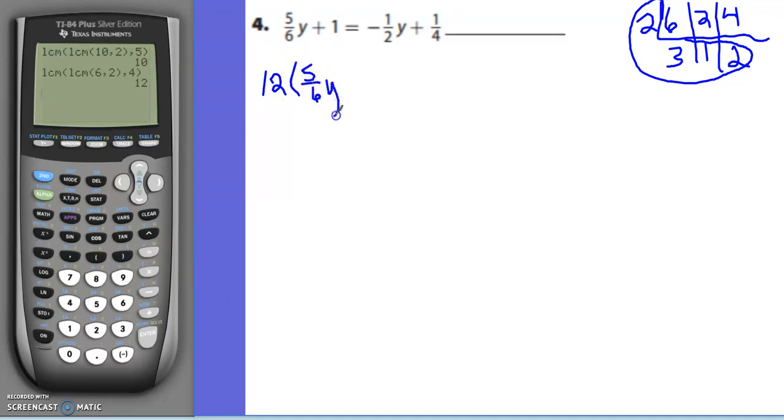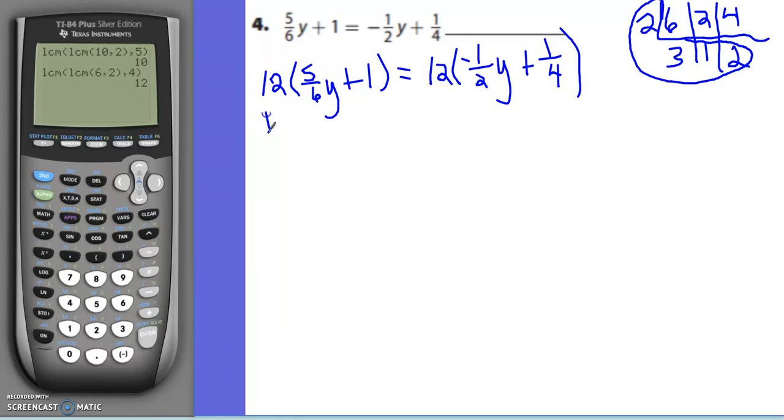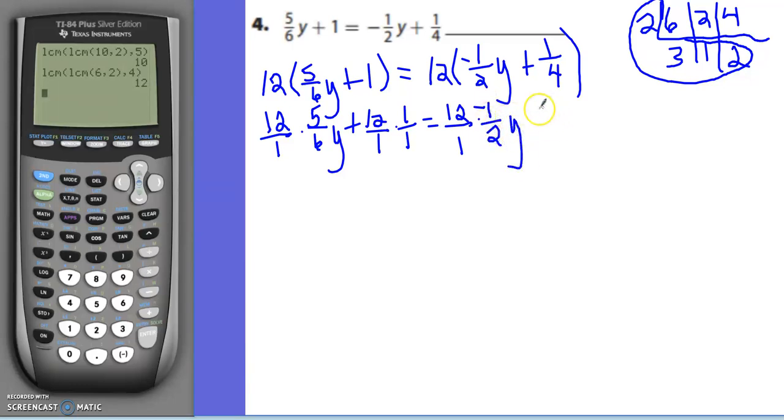So 12 times 5/6y plus 1 equals 12 times negative 1/2 y plus 1/4. Alright, so we're going to say 12 times 5/6y plus 12 times 1 equals 12 times negative 1/2 y plus 12 times 1/4.